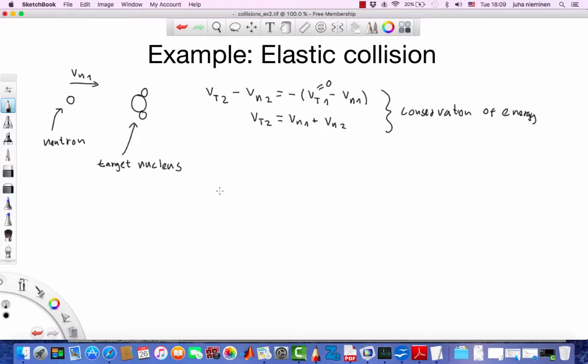Then conservation of momentum. The initial momentum is only that of the neutron, so the mass of the neutron times its velocity must equal the mass of the neutron times its velocity afterwards, plus the momentum of the target nucleus. So that's m target times v target after the collision. Let's plug that in.